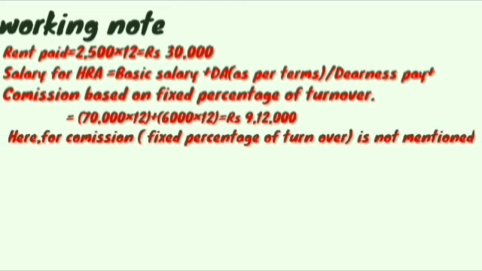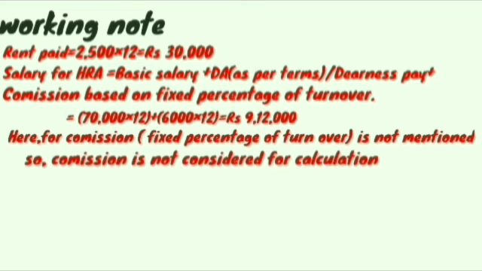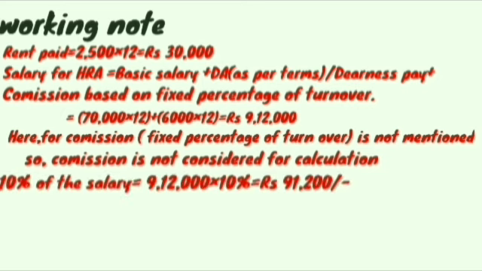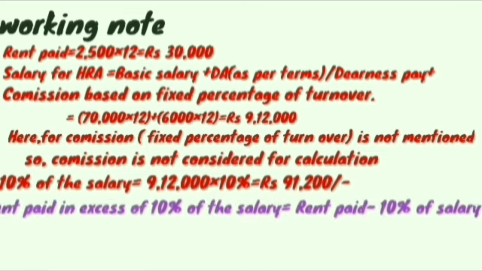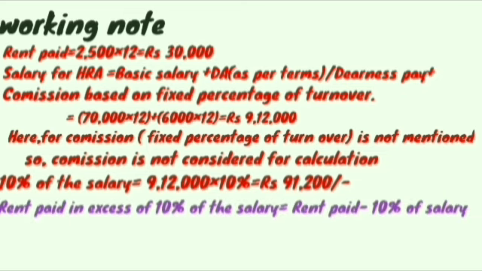Here for commission, fixed percentage of turnover is not mentioned, so it is not considered for calculation. 10% of the salary is equal to 9,12,000 into 10% is equal to rupees 91,200.